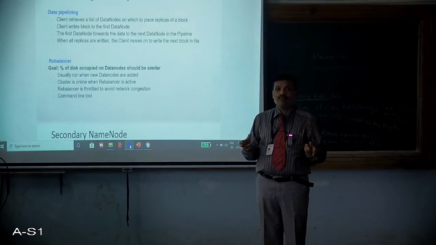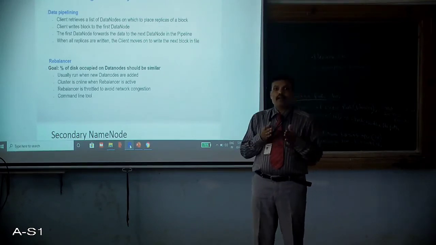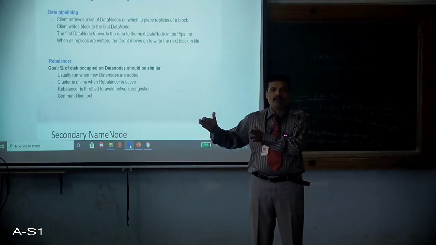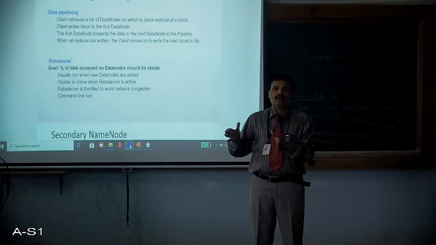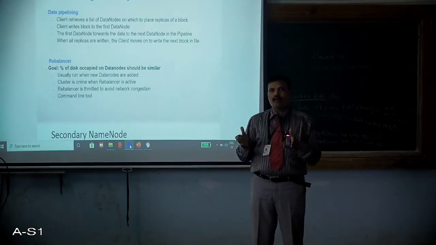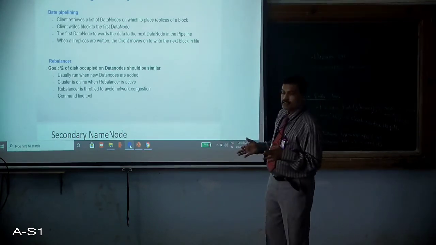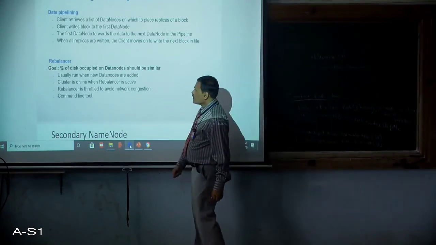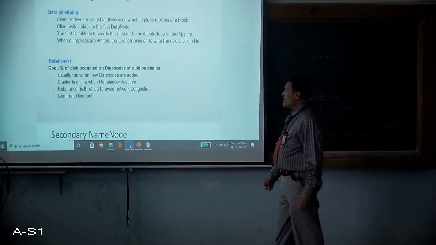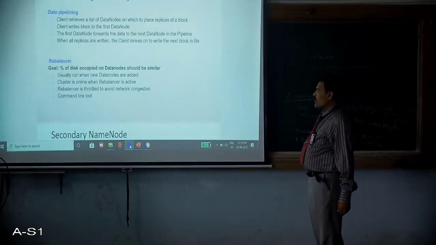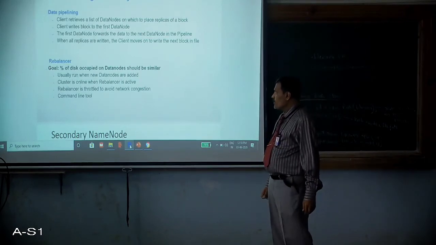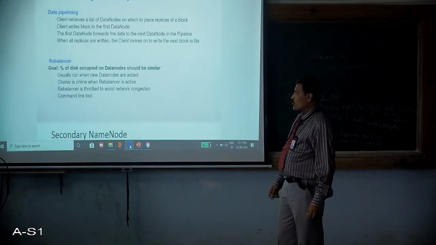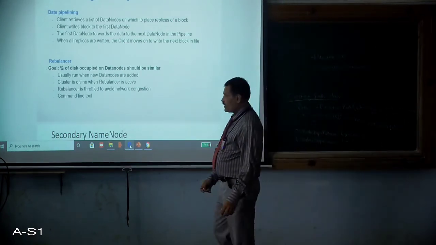If there is any variation, we might think the file system has corrupted data, or we have not received the correct data as sent from its origin, and the checksum fails in that case. So it ensures that the data nodes are similar. It usually runs when new data nodes are added. The cluster is online while the rebalancer is active. The rebalancer is throttled to avoid network congestion. So the command line interface is preferred in this case.